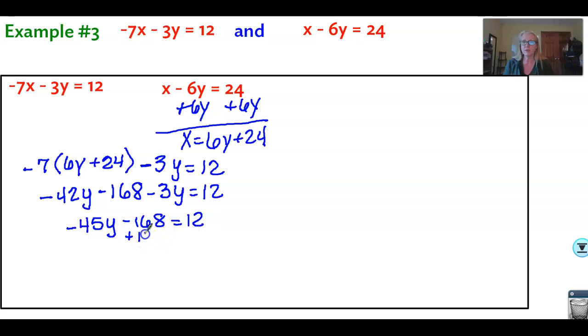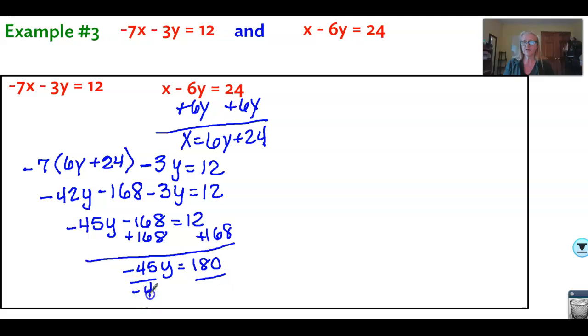And now if I add 168 to both sides, I get negative 45y equals 180. And dividing both sides by negative 45 gives me y equals -4.